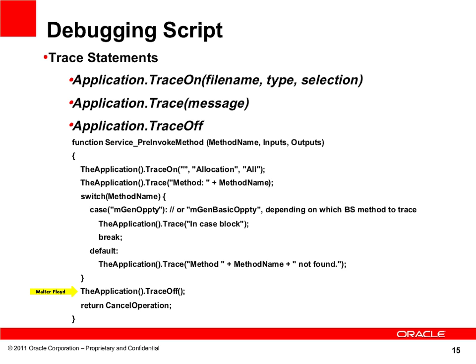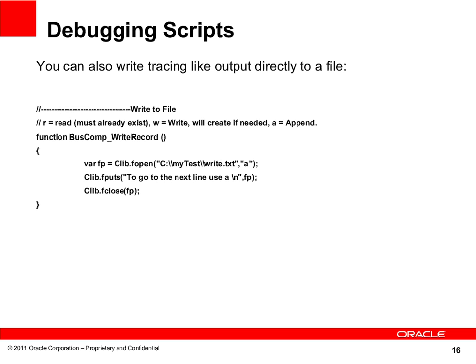There's also, similarly, a way to write files straight using just Siebel eScript. You can write information directly to a file just by using the clib fopen and fputs. This uses the operating system's C library, so this is operating system specific.